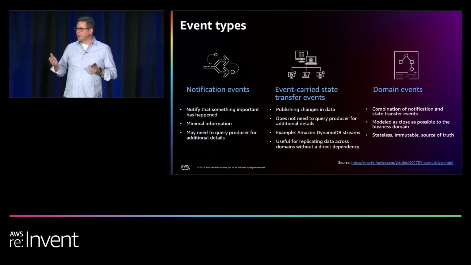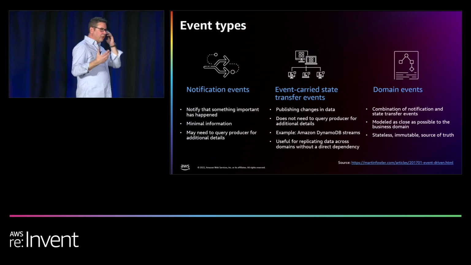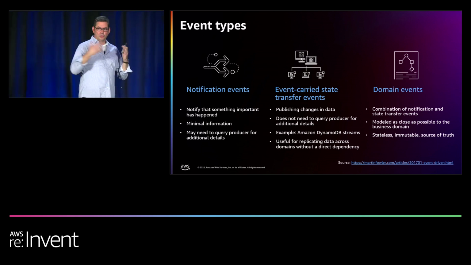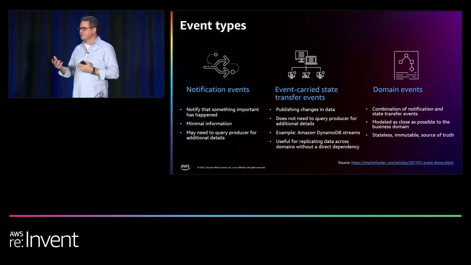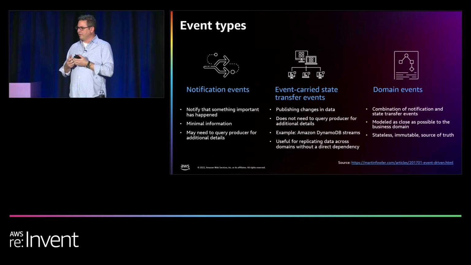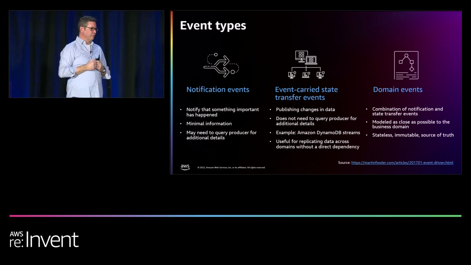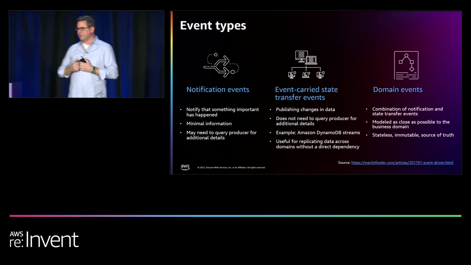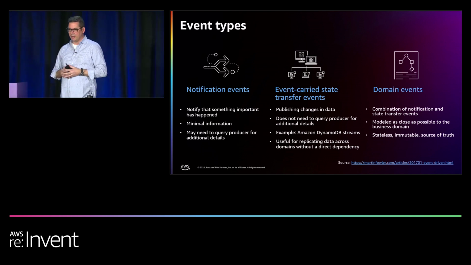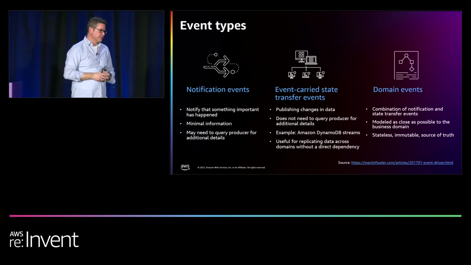And these are actually really useful types of events for distributing local state across a number of different services, so those services can maintain a local copy of that data without having to query the source of that information for additional information when they want to process events or execute business processes that they're implementing.